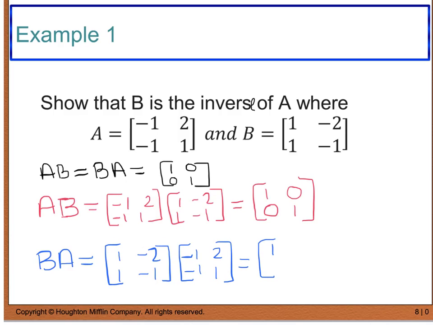First row by my second column is going to give me 0. My second row by my first column is also going to give me 0. And finally, my second row by my second column is going to give me 1. So because I was able to produce the identity matrix both for the product of AB and BA, this tells me that B is the inverse of A.